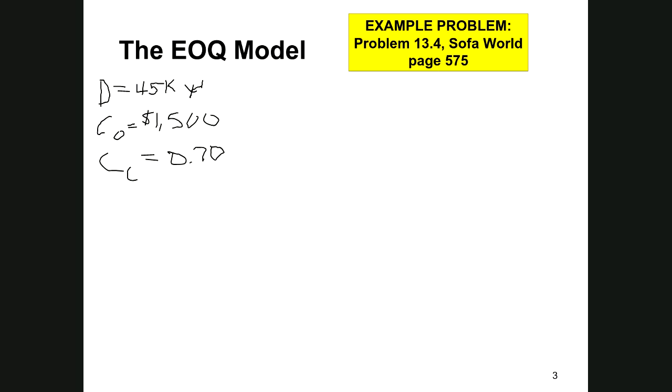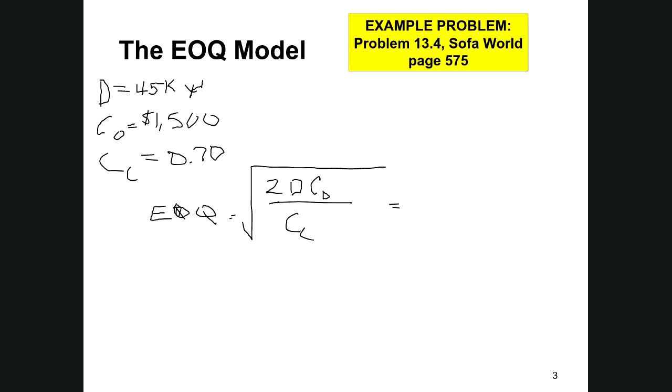And so the first thing that we're asked to determine is the EOQ. And so we know that the EOQ is going to be the square root of 2 times D times C sub O divided by the carrying cost. And again, all of this is under the radical.